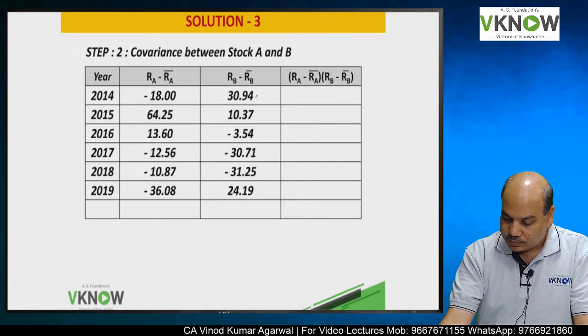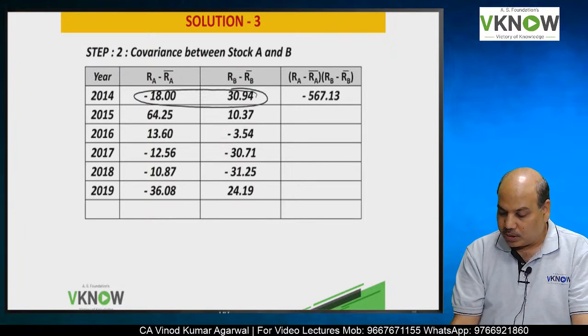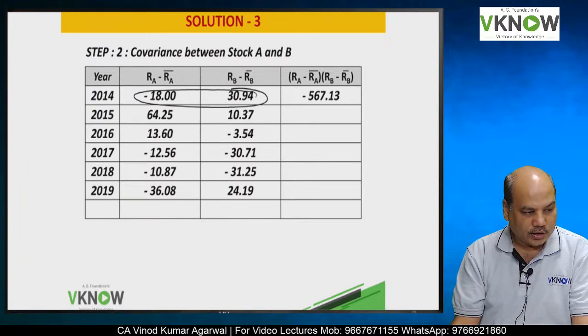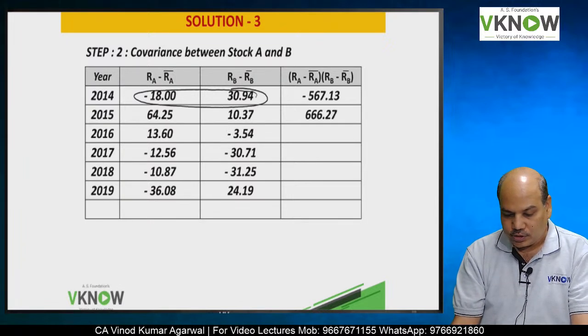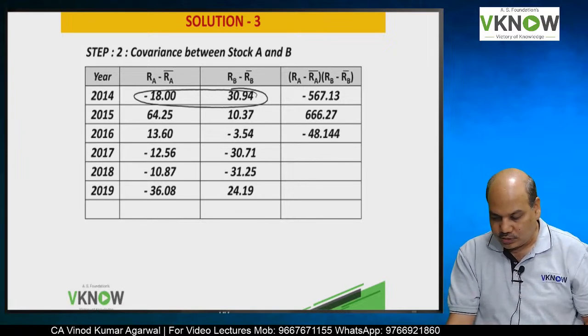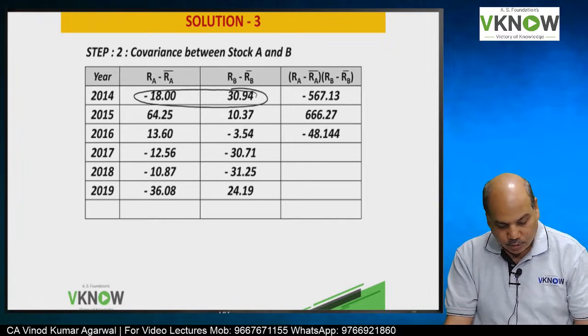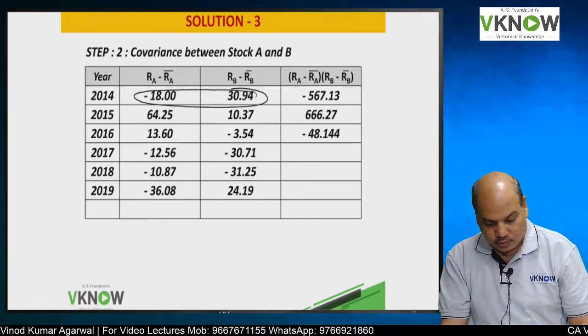Next column, multiply these two. Use memory plus function so that you can do fast. Minus 567.13, minus 666.27, minus 48.144.